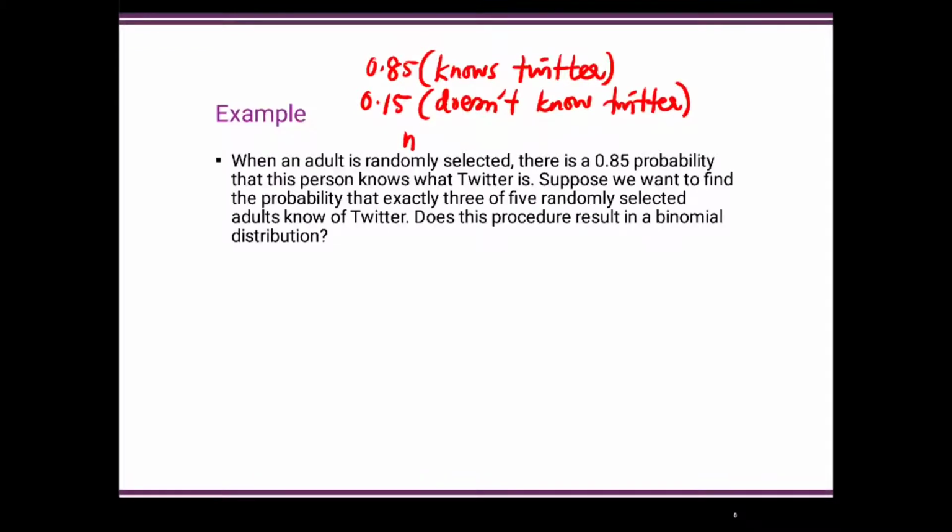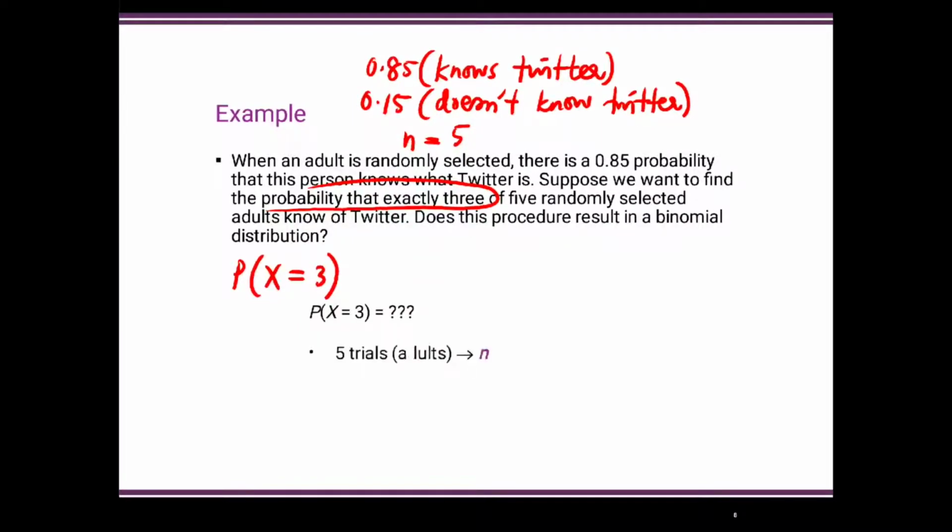And then n, the fixed number of trials, is 5. And the question is trying to find the probability that exactly 3. So basically we have all of the characteristics of a binomial experiment. So it can be represented by a binomial distribution.